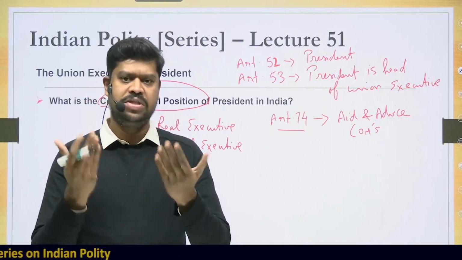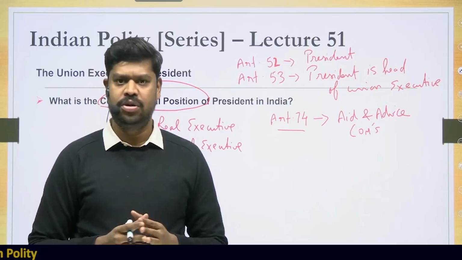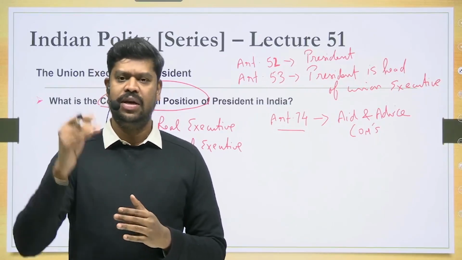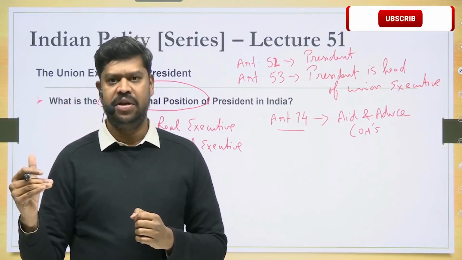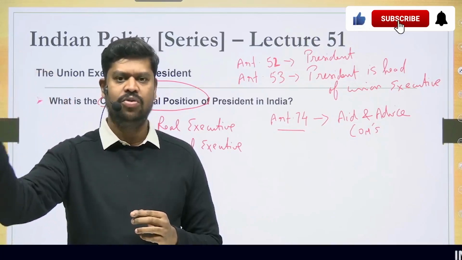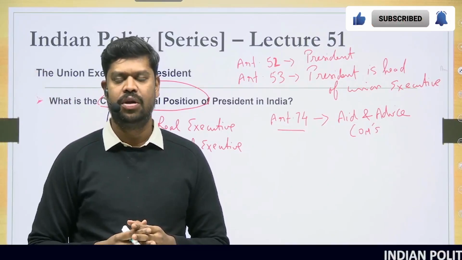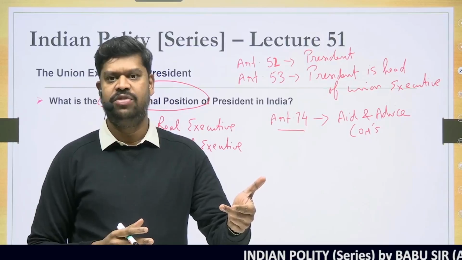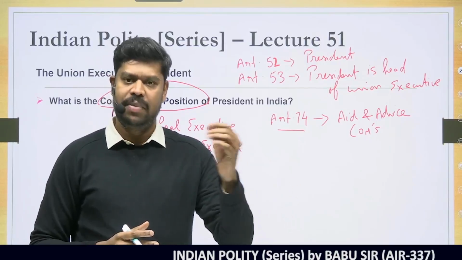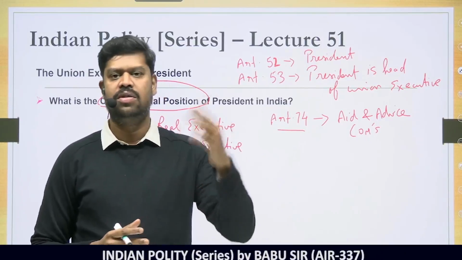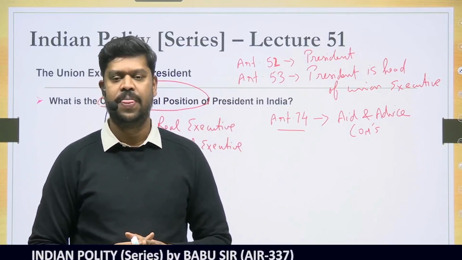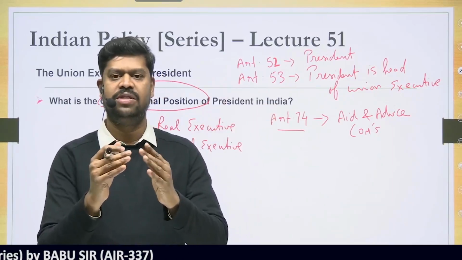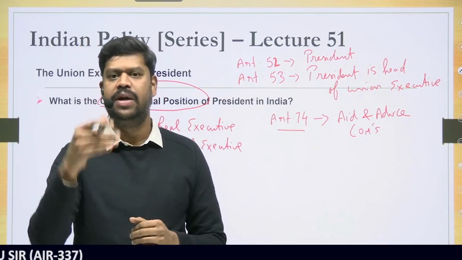So this matter was taken up by the court, and the Supreme Court, in the Shamsher Singh case, made it very clear in 1974 that our parliamentary system is modeled on the lines of the parliamentary system of the United Kingdom, where the advice given by the Council of Ministers is binding upon the monarch, the king or queen.